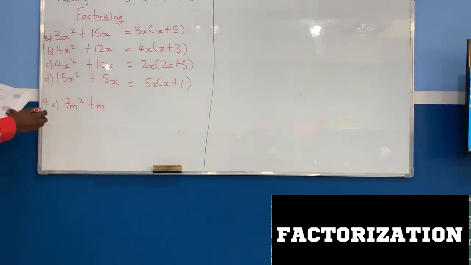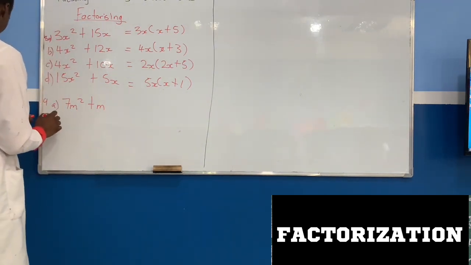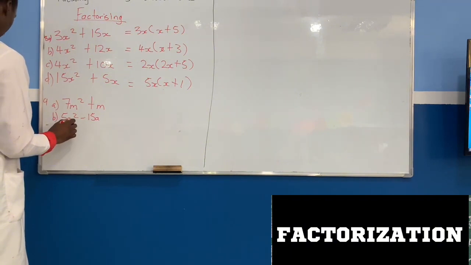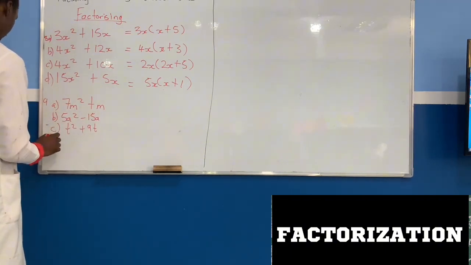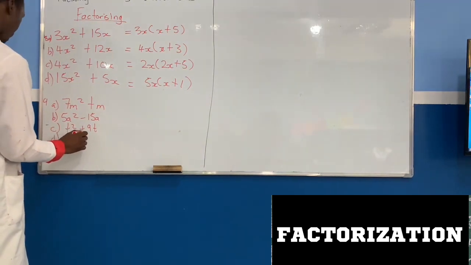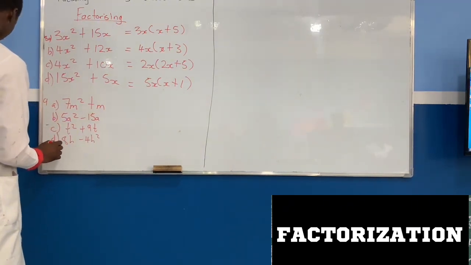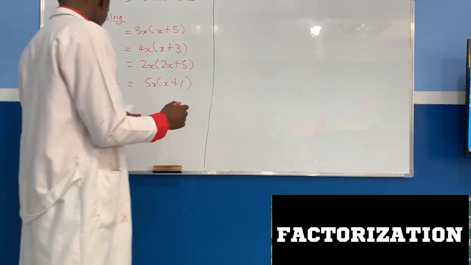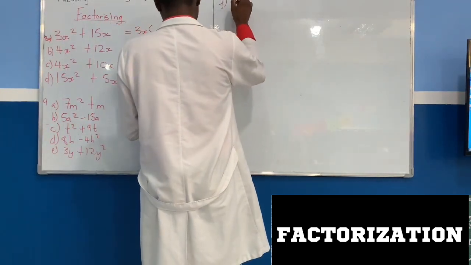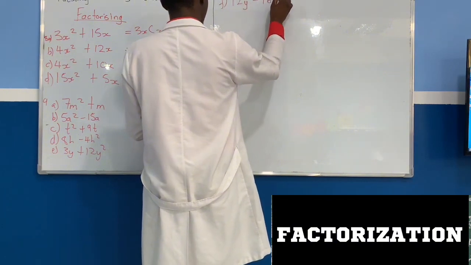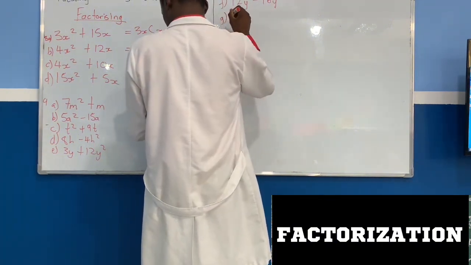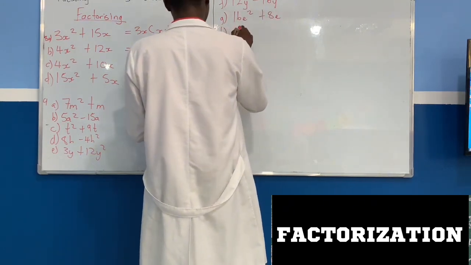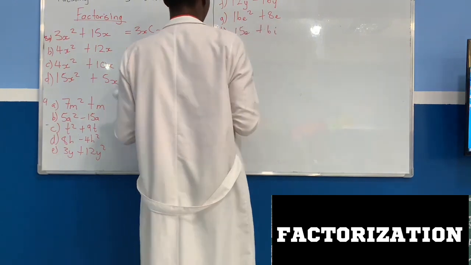The common factor here, let's just list all of them so that we do them once and for all. 5a squared minus 15a; c, t squared plus 9t; d, 8h minus 4h squared; e, 3y plus 12y squared; f, 12y minus 16y squared; g, 16e squared plus 8e; and h, 15e plus 6i.